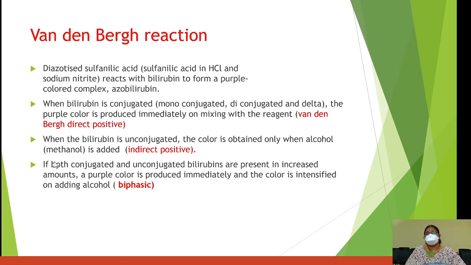And if the serum sample contains both conjugated and unconjugated bilirubin in increased amounts, when we mix with reagent, the color will be produced immediately, and when we add the solubilizing agent, the color is intensified, and that is called biphasic reaction.